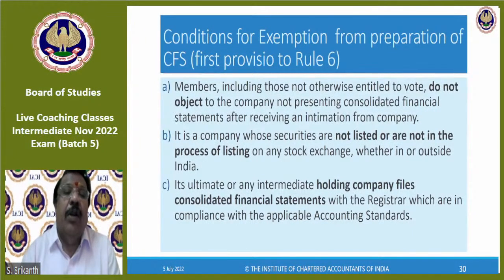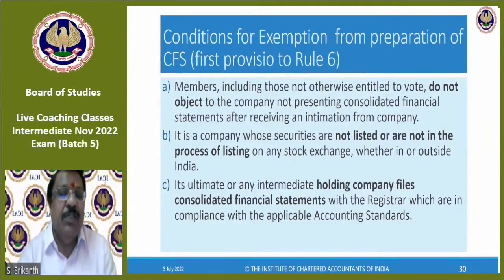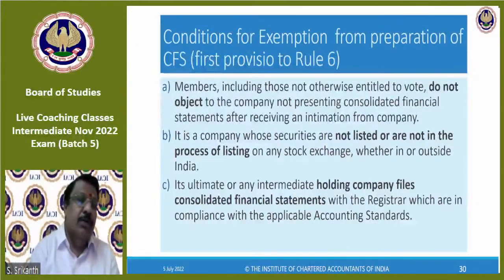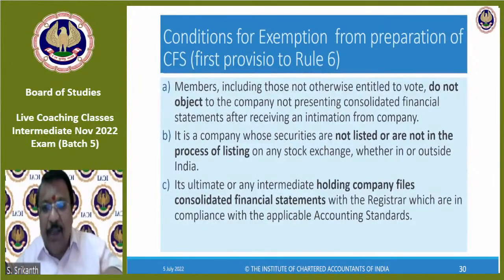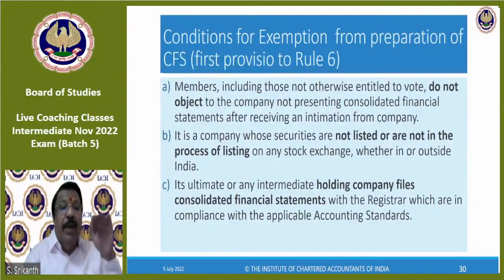Its ultimate or any intermediate holding company files consolidated financial statements with the registrar, which are in compliance with the applicable accounting standards. Right. So this is a subsidiary. It is not listed. No member has objected. Its holding company is filing consolidated financial statements, or an intermediary holding company is filing financial statements.